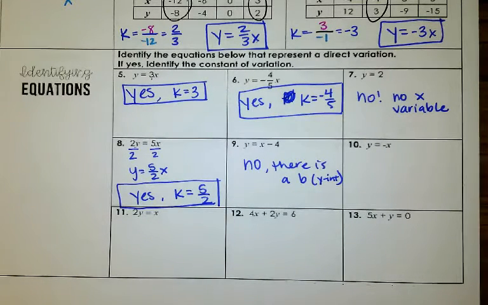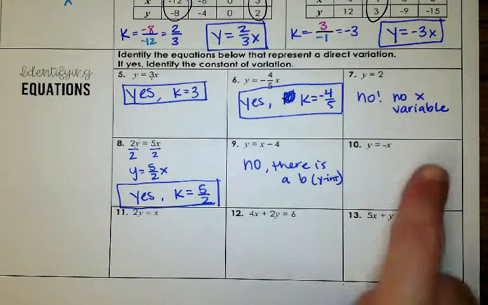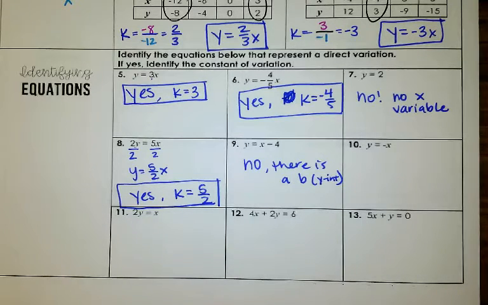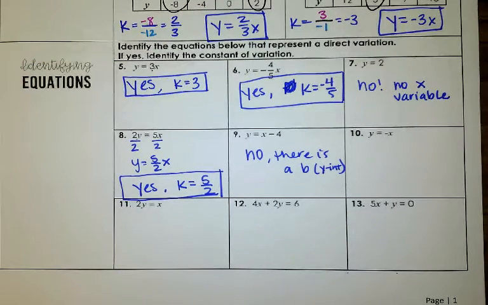All right, so guys, I want y'all to do that for 10, 11, and 12. I just want you guys to say yes or no. And then if it is direct variation, I want you guys to identify the k. So you guys can take about 1 minute to do that. Just identify if it's direct variation or not. And then if it is, please tell me what the k is. All right?